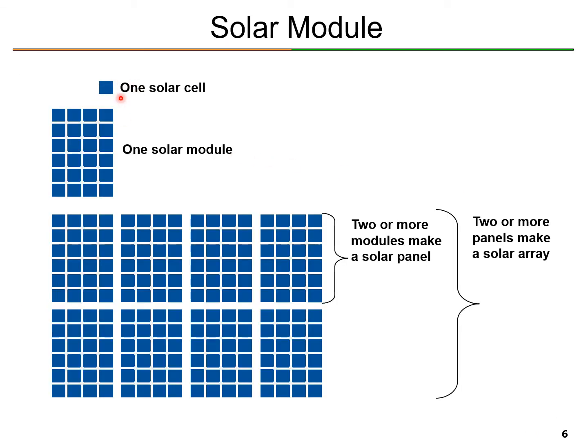Here we see one solar cell. Connect many solar cells together and you get a solar module. Here we see 1, 2, 3, 4 solar modules connected together, and that makes a solar panel. Now, this is one solar panel, and this is another solar panel. So 2 or more solar panels make a solar array.